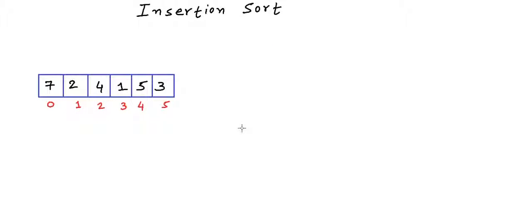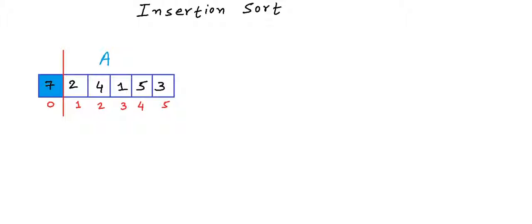Now when we want to write a program to sort a list, we can do something similar to what we did for the cards. So let's say we want to sort a list of integers given to us in the form of an array. Let's name this array A. We have 6 elements in the array, so we have indices from 0 to 5. What we can do is divide the array into two subsets.